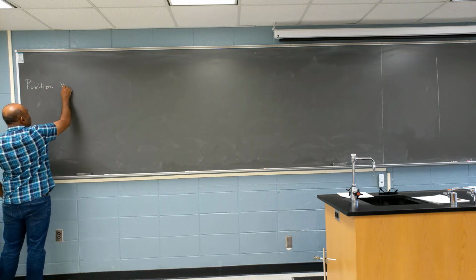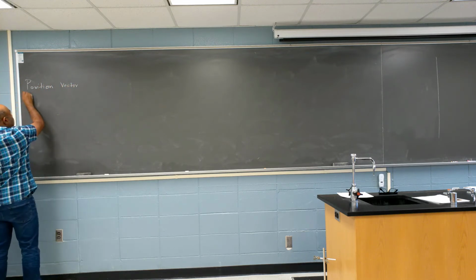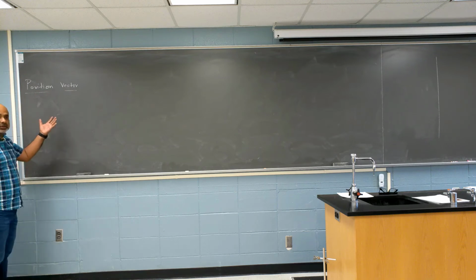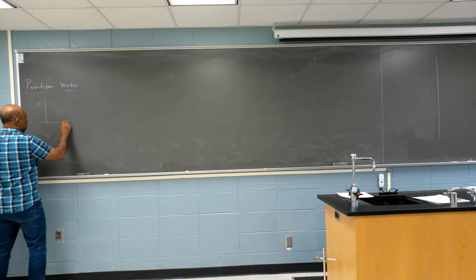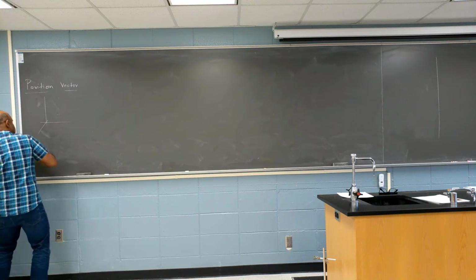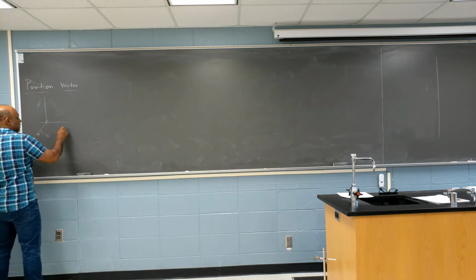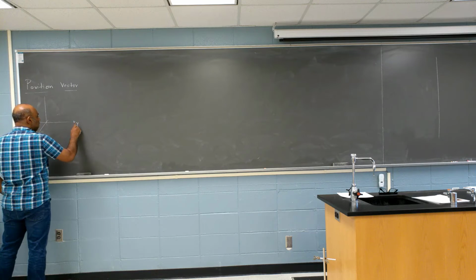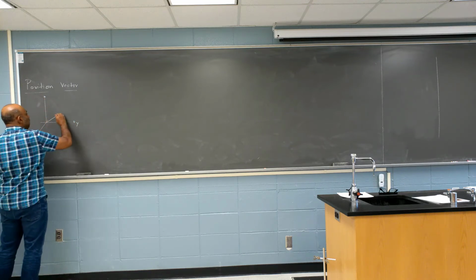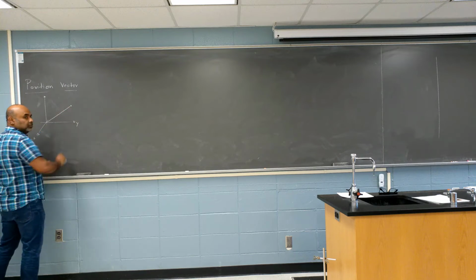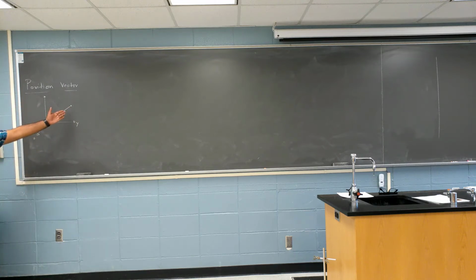Position vector. Making a big deal of it by making it a section doesn't really warrant that level of discussion, but suppose you're trying to locate an object, a position.